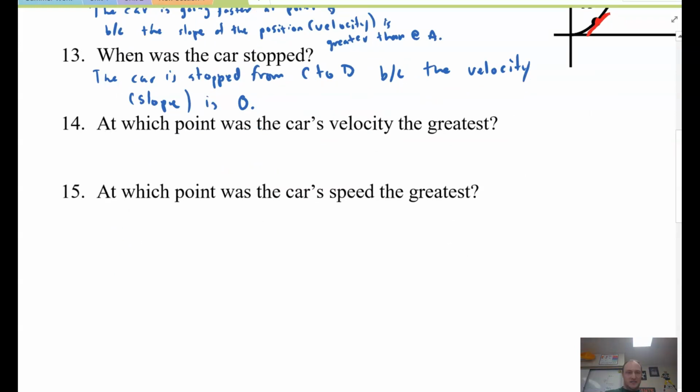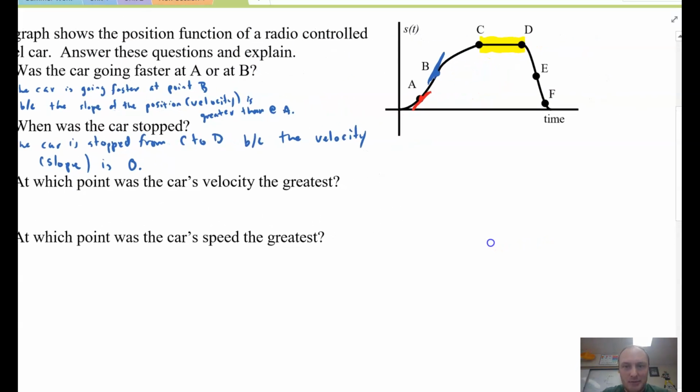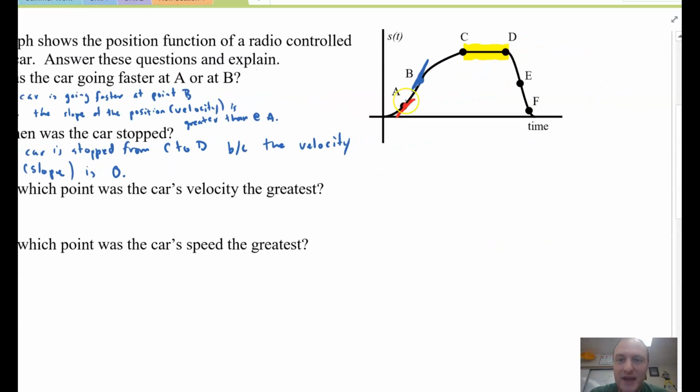Okay, 14 and 15 are kind of the same question, but you need to interpret them. At which point is the car's velocity the greatest? So again, they're asking us about speed. So notice, I have A, there's my slope there, B, there's my slope. We know between C and D the car's not moving, and then after D at E and F, those are pretty steep.